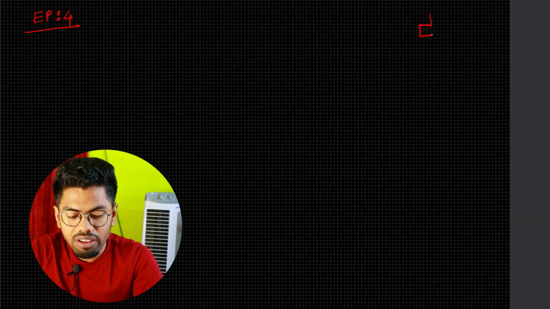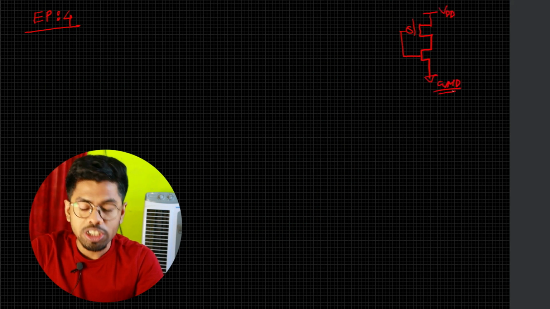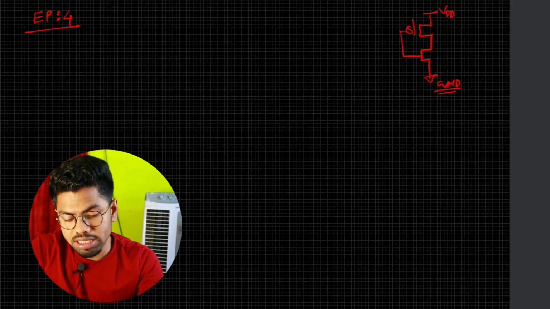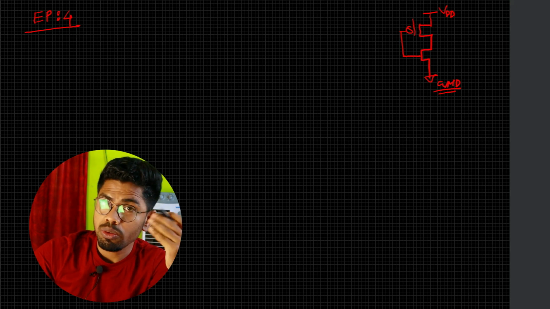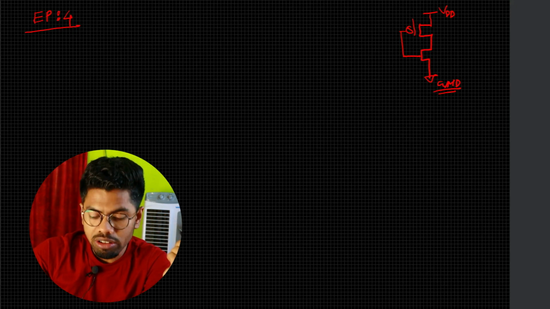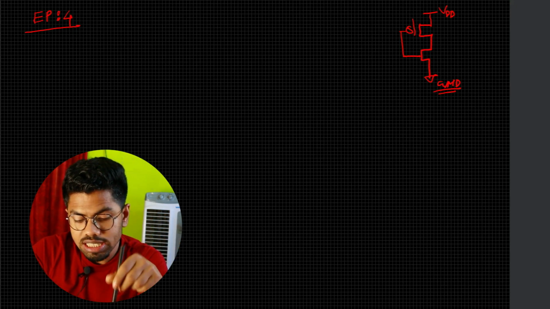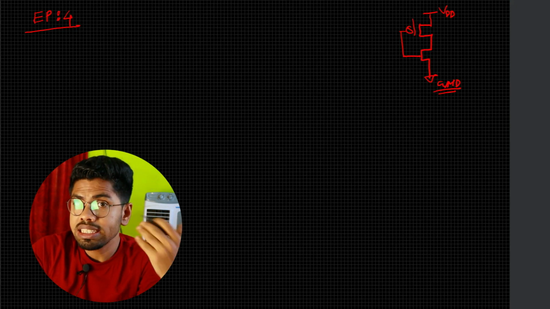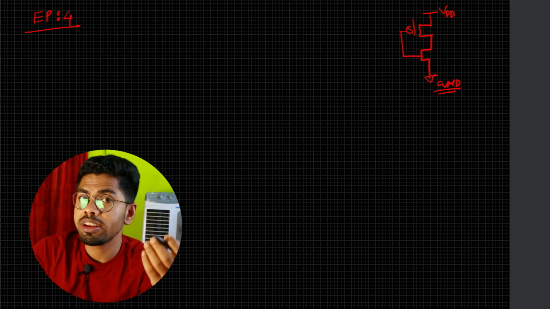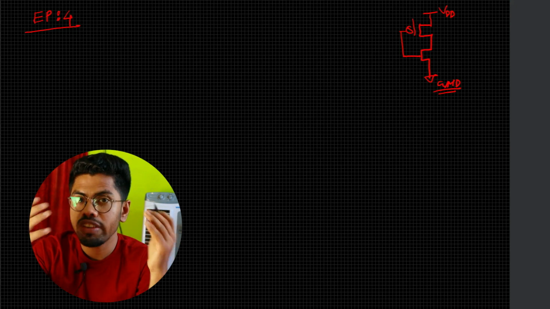So we have our well-known CMOS inverter. The question is, what does designing mean? One thing you need to be really sure about is that as a designer, we don't have the flexibility to tweak every variable.